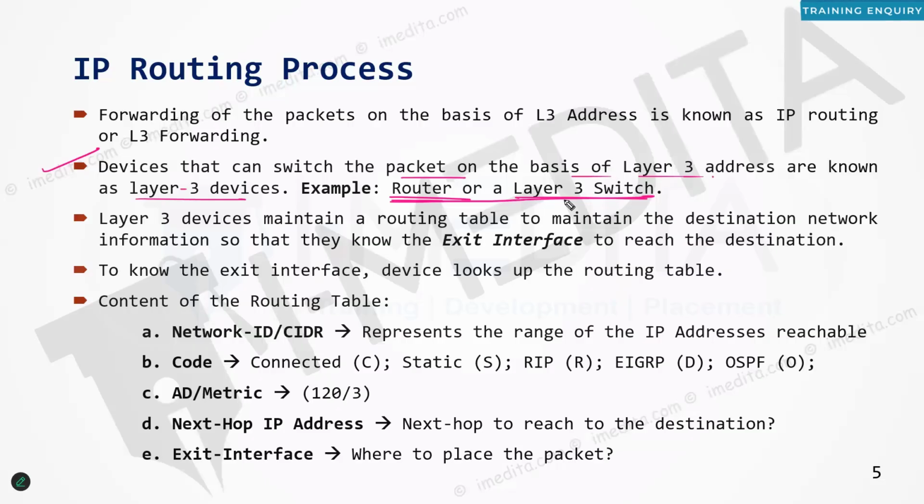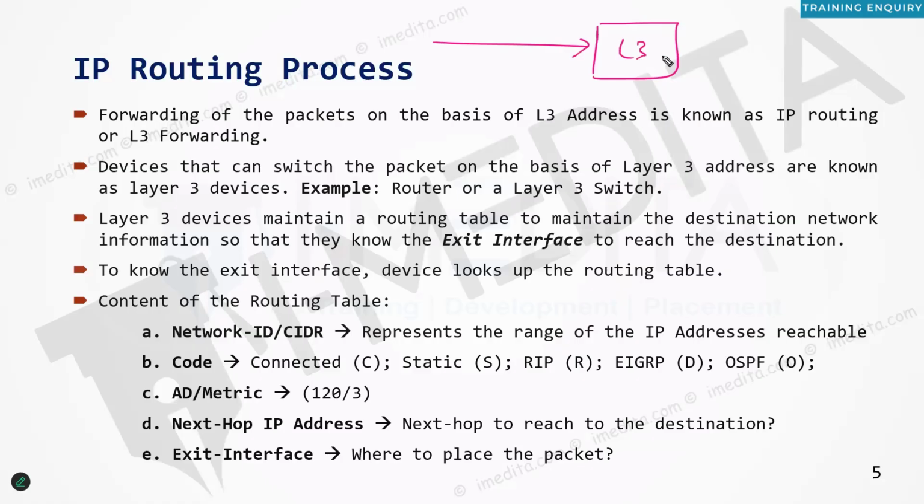But apart from that, we have other devices also that can perform the packet forwarding based on the layer 3 address. Now, when a packet arrives on a router or on a layer 3 device, the layer 3 device needs to decide out of which interface the packet needs to be forwarded. When the packet arrives, it will have a source IP, a destination IP, a source MAC address, and a destination MAC address.